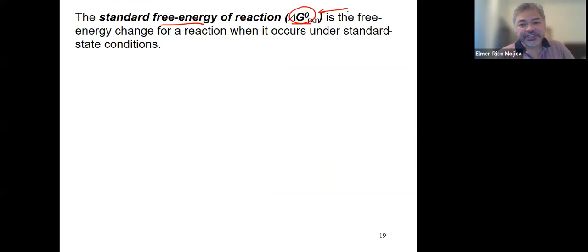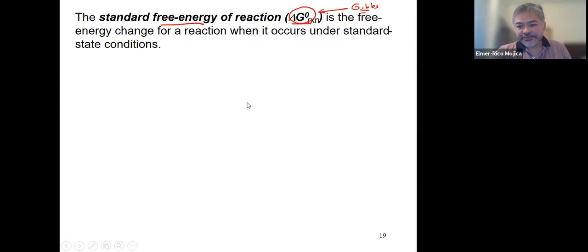For G, the answer is because the one who studied it was Gibbs, Willard Gibbs. And the standard free energy of the reaction is defined as just the free energy change for a reaction when it occurs under standard state condition.